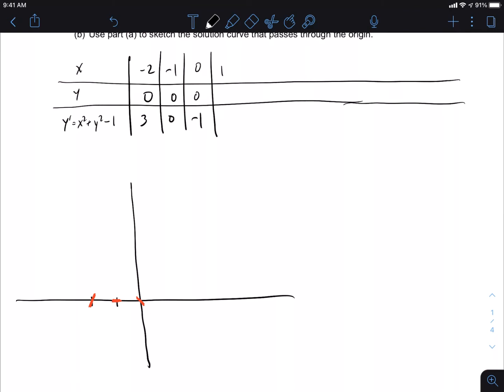What if I use 1, 0? We know 1, 0 is right here. What would that be? 0. How about 2, 0? Three. There's a pattern. Maybe. Do a couple more.